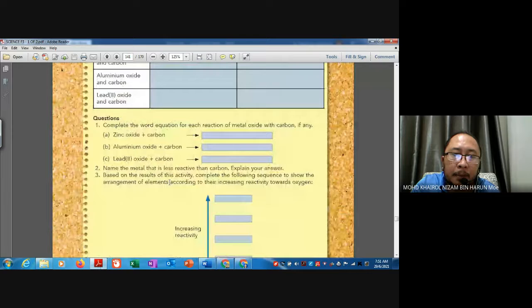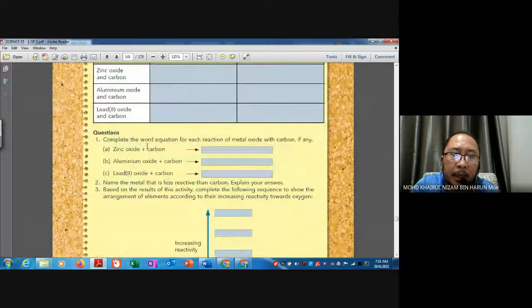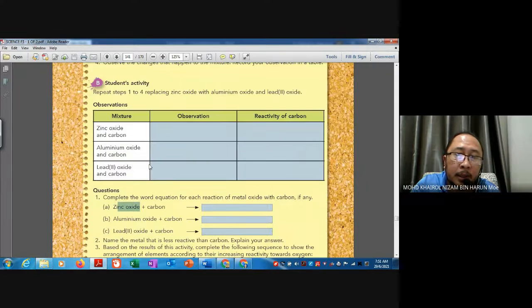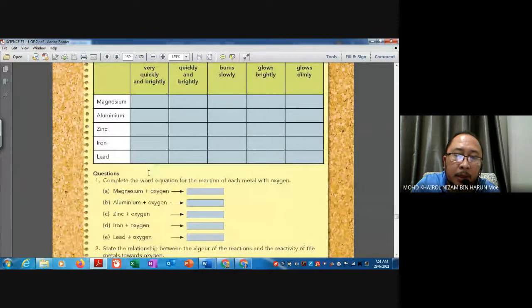For example, carbon, what we discussed yesterday, was carbon and metal oxide. The reactivity series of metals is based on metals reacting with oxygen. So the vigor of the reaction between metal and oxygen is compared.